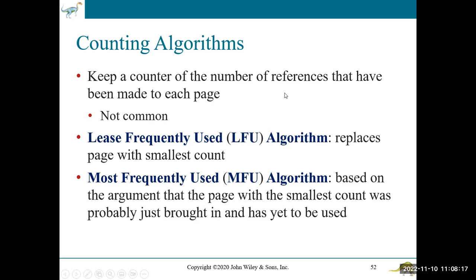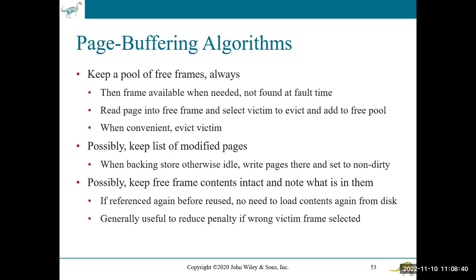So instead of sequence-based algorithms, you also have counting algorithms, least frequently used and most frequently used. It replaces the page with the smallest count as opposed to the largest count. If I ask you the question, which one's better, the common answer is it depends on the scenario.